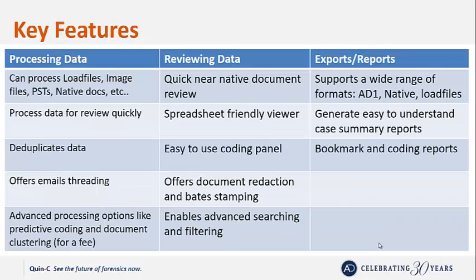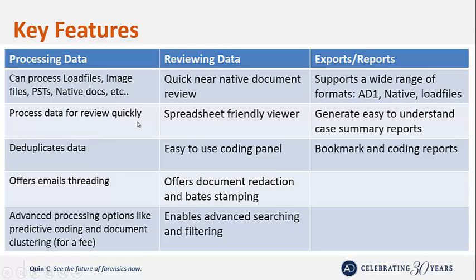Here are some of the key features that the tool supports. Basically, you can process data any which way you want. Again, it offers pretty much every competitive processing capability. It processes all types of data: TIFFs, PSTs, native docs, spreadsheets, zips, emails, all different types.